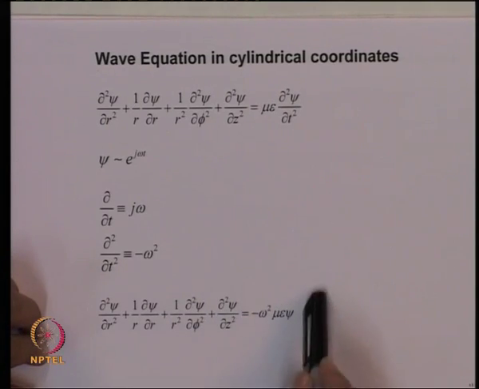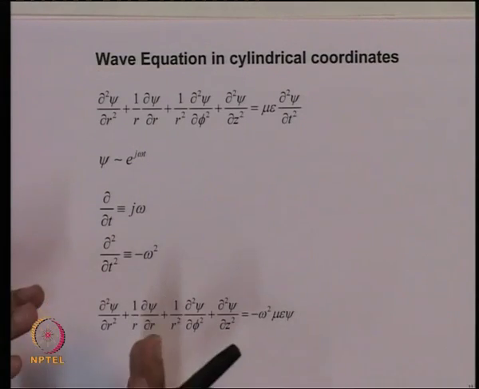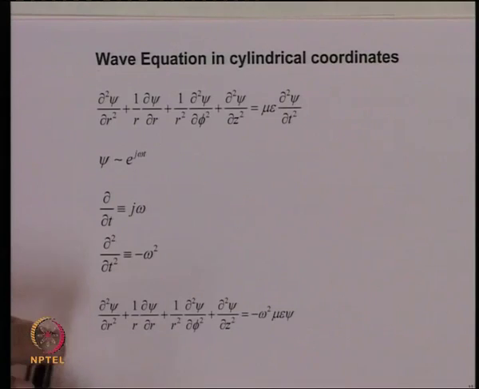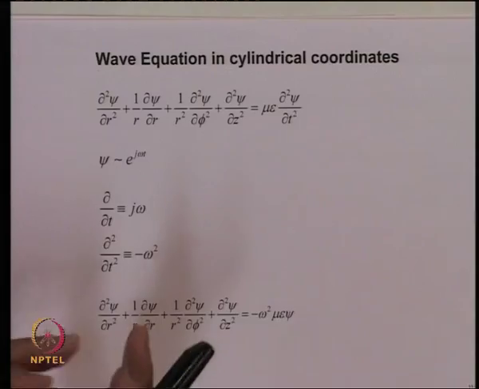This equation we can solve by using what is called the separation of variables technique. So, we assume that psi is a product of functions, each function being a function of either r, phi, or z.